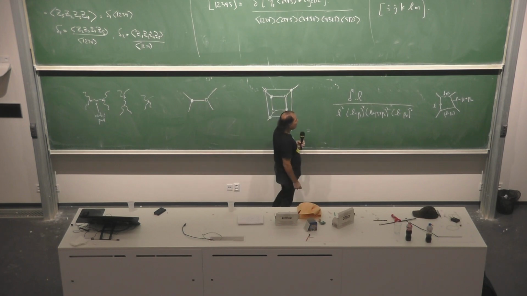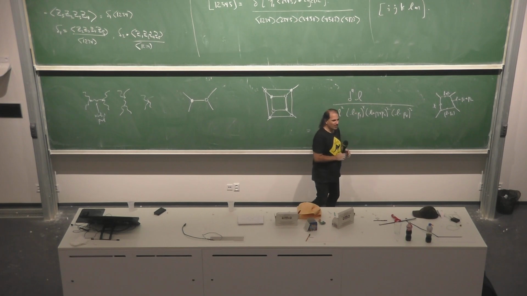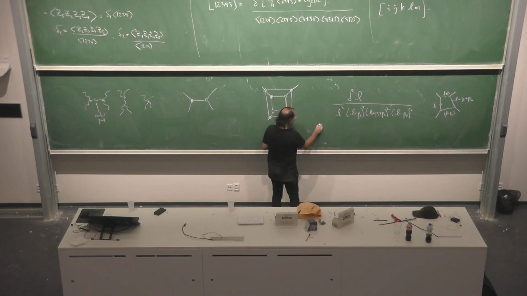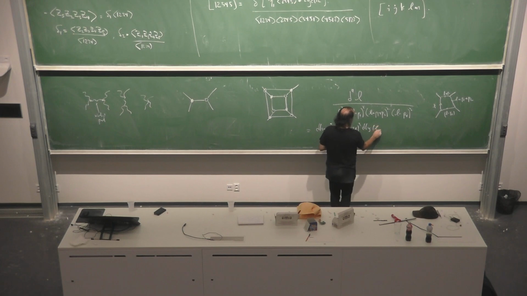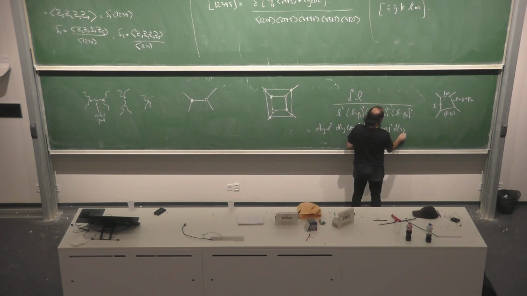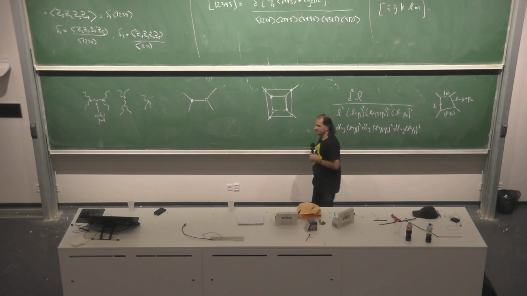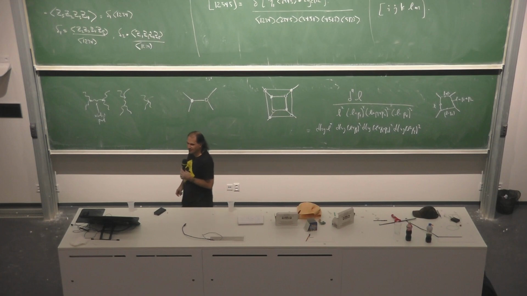You would say, oh, it's obviously a d-log form. Duh. There are four propagators downstairs, there's a d^4L upstairs. It's d-log L squared, d-log (L plus P1) squared, d-log (L plus P1 plus P2) squared, d-log (L minus P4) squared.